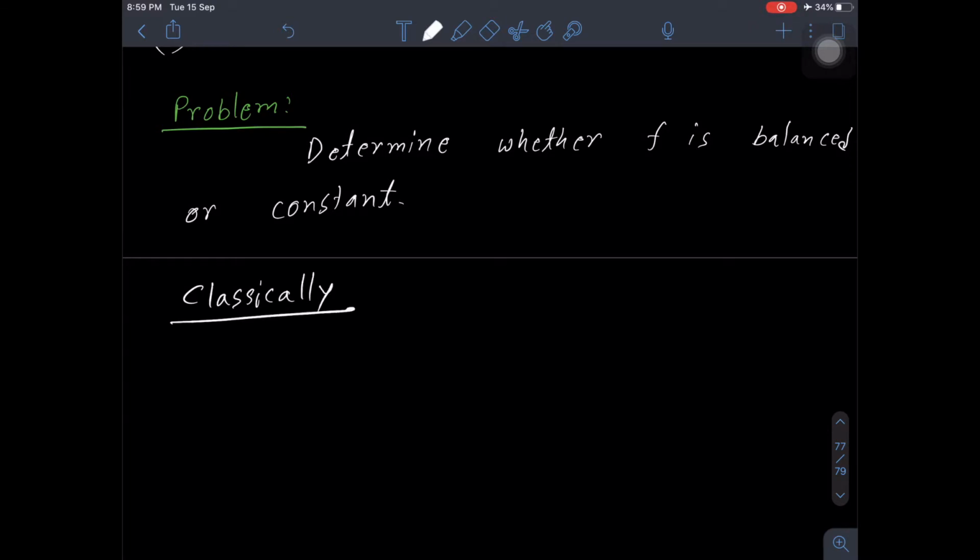Classically, for Bn you have 2 to the power n elements. If it is a constant function, it will be constant for all 2 to the power n elements. But if it's a balanced function, then it will be 0 for 2 to the power n divided by 2 elements, and 1 for the other 2 to the power n divided by 2 elements.